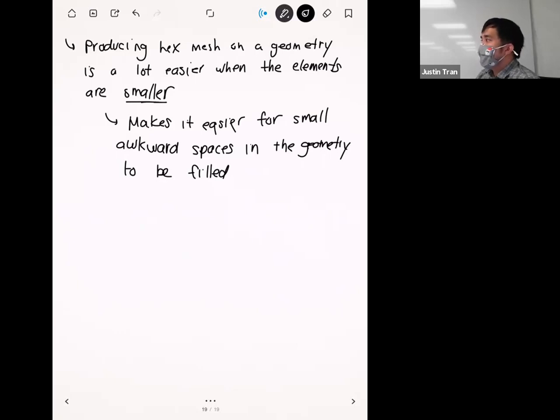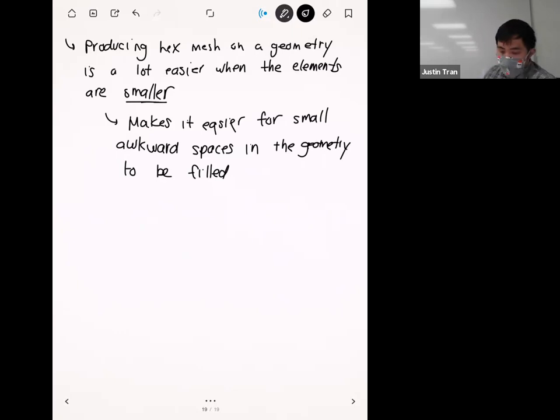Because I've certainly seen cases, with my own testing and with students coming to ask me, where for some reason ANSYS just thinks it's impossible to put a hex mesh on a geometry, no matter how small we make the elements. But generally, if you do make the elements smaller, it'll make it easier to fill that space.